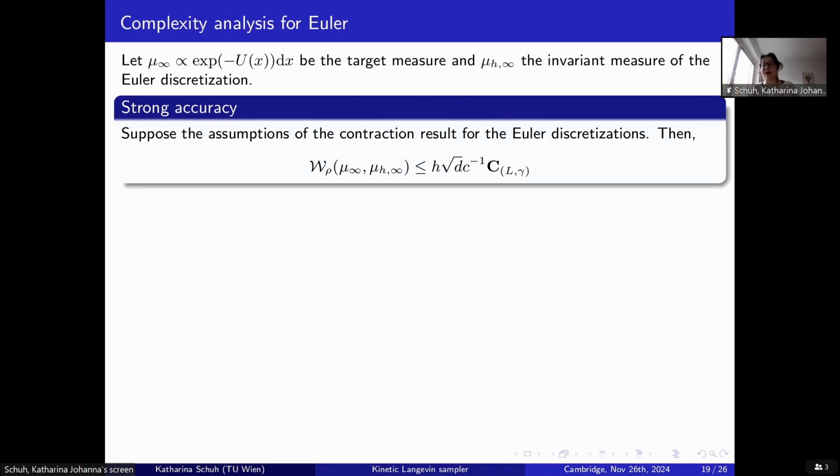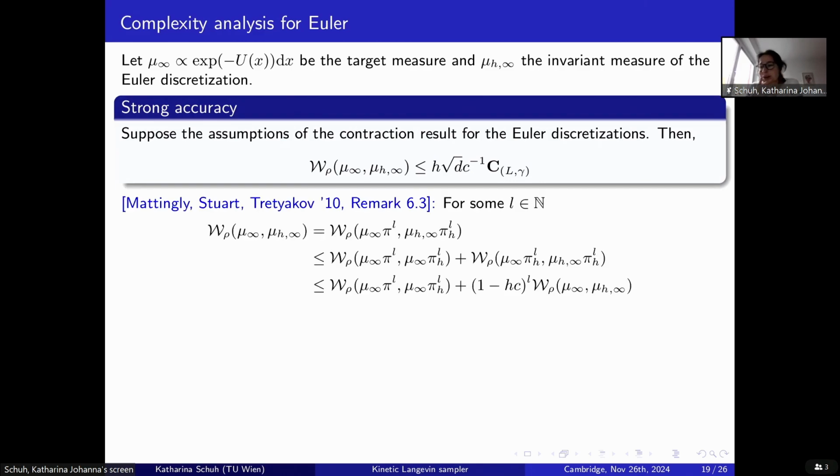So we need now to bound the difference between these two measures. And so here we can have some strong accuracy results. We can bound the difference between these two measures by h times square root of d times some constant, under the previous assumptions we had also already for our Euler discretization.